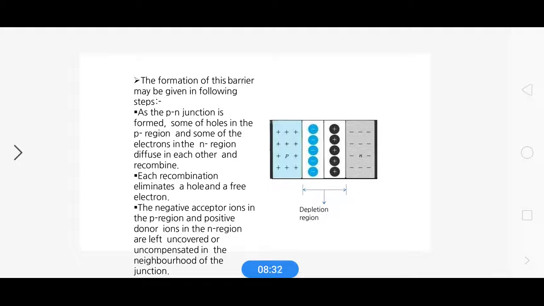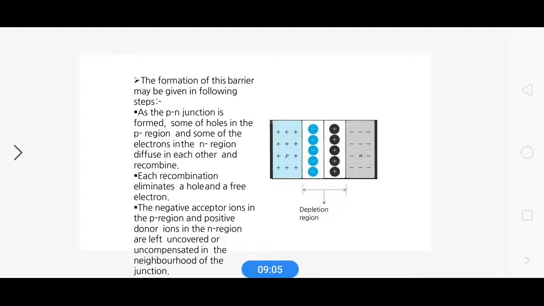Means holes from p type cross the junction and recombine with the electrons in the n region, and electrons in the n region cross the junction and recombine with the holes, and some recombinations take place. After a few recombinations, an opposing force is created at the junction. This recombination eliminates a hole as well as a free electron.